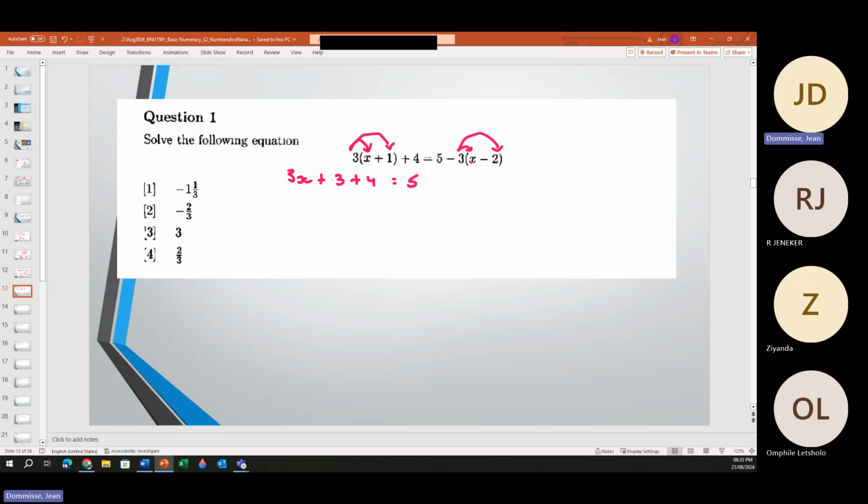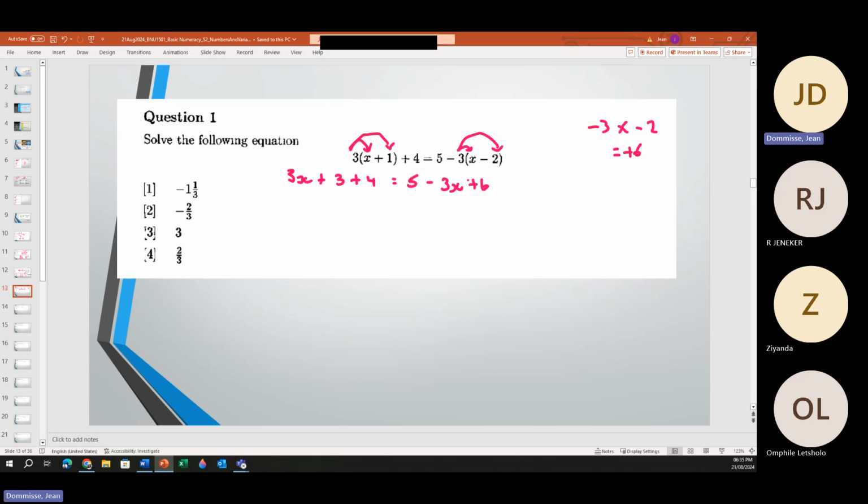Then minus 3 times x is minus 3x. And minus 3 times minus 2 is plus 6. So just remember, a minus times a minus becomes a positive. So the minus 3 times the minus 2 becomes a positive 6.